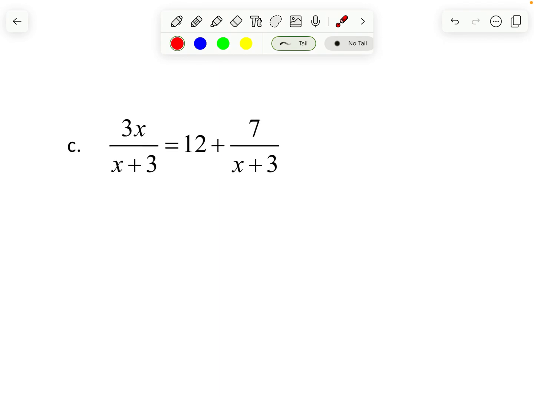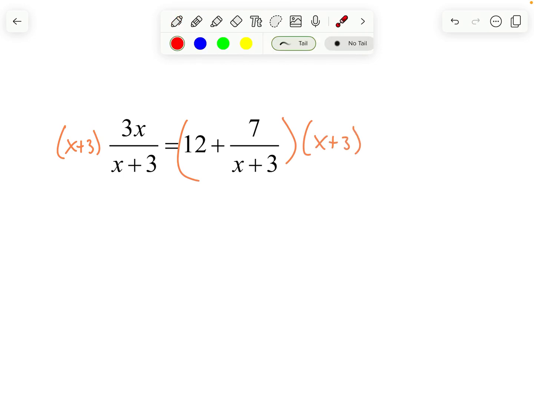All right, now let's do this a different way. To get rid of a denominator, just multiply both sides by the denominator. So I'm going to start with this problem by multiplying both sides by x plus 3. That means you got to do this whole side by x plus 3, though, so it's going to be distributive property.